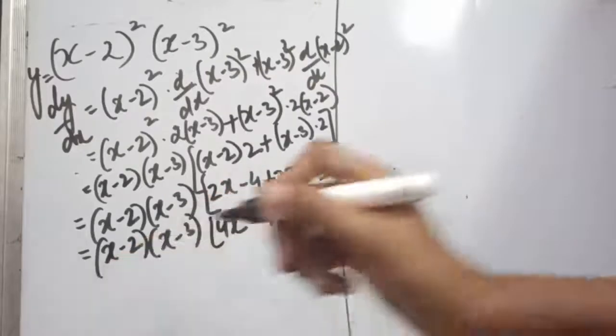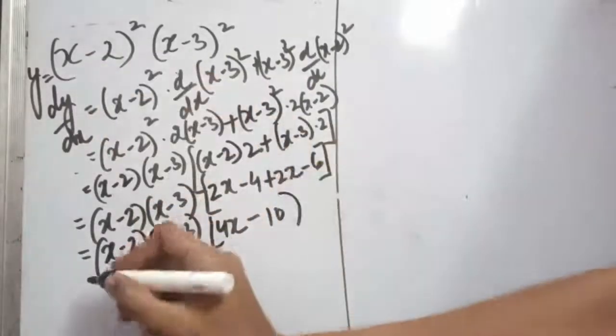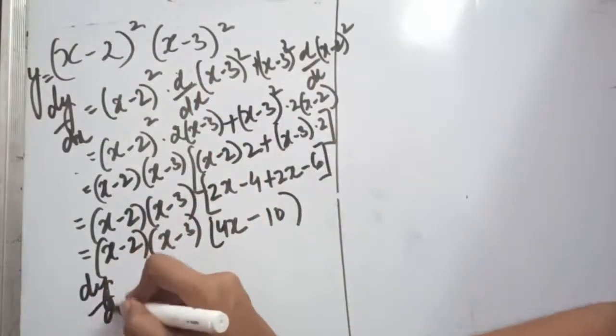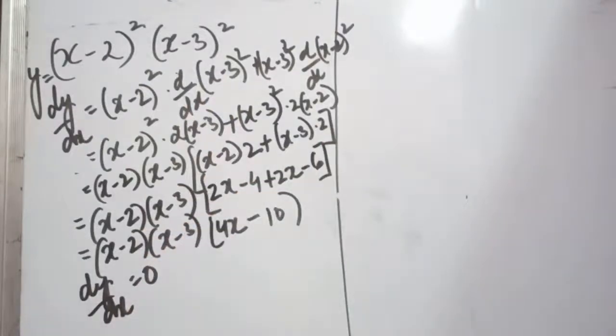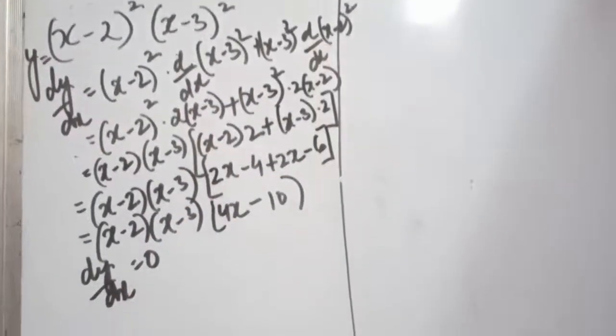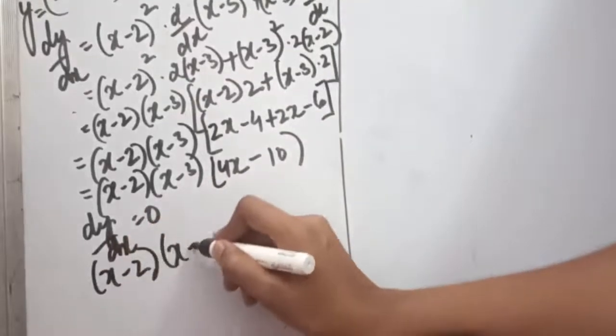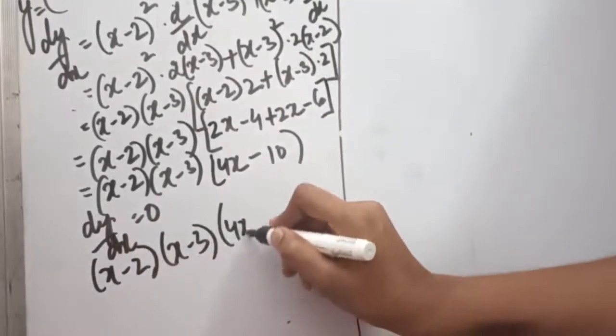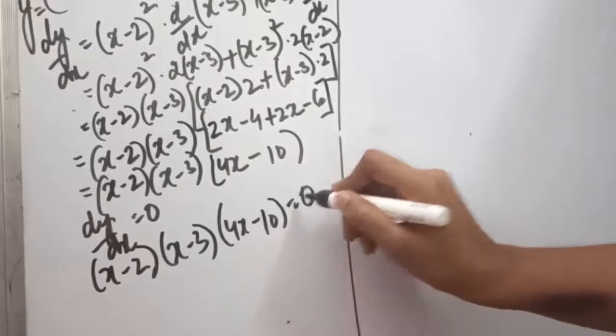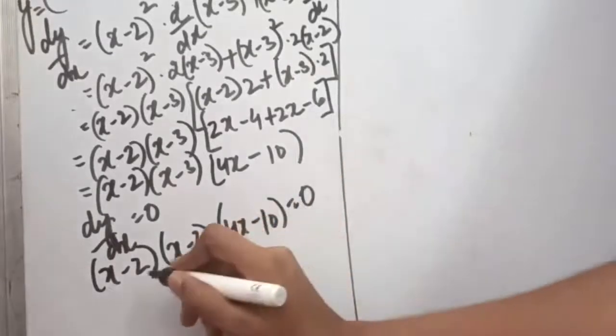So third step is putting dy upon dx equals 0. When we put dy upon dx equals 0, it will be like this. And from here we can get the values.